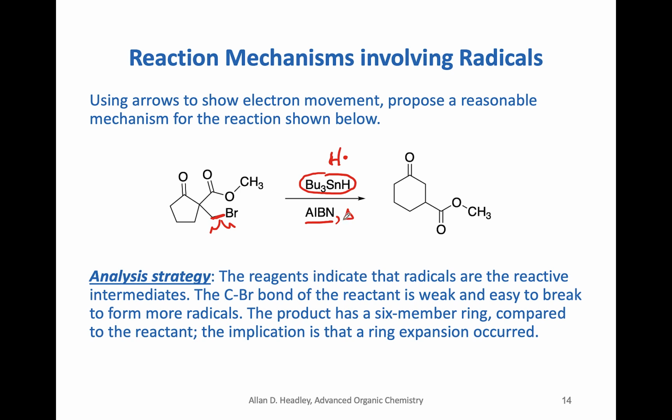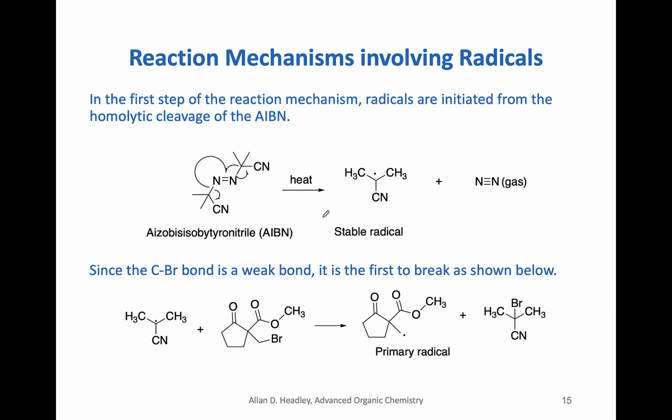Another observation is that this is a 5-membered ring right here, and this is a 6-membered ring. So more than likely, there's a ring expansion. With all of this information, you'll have to put it all together and propose a mechanism for this reaction. Let's see how we can do that.